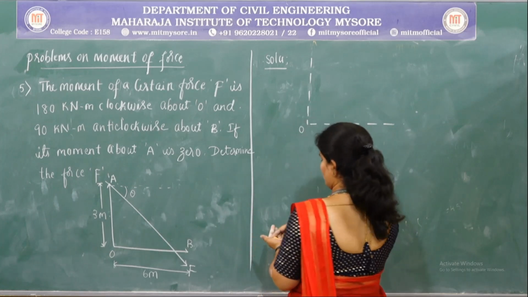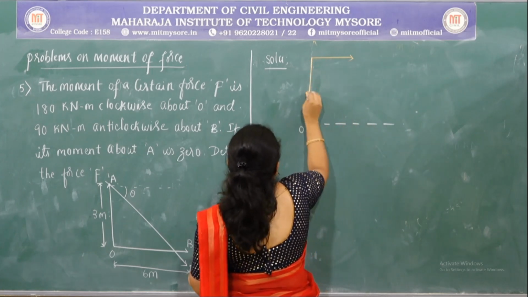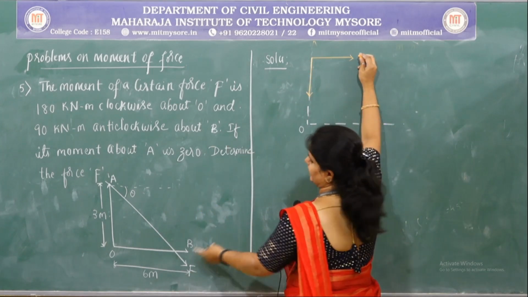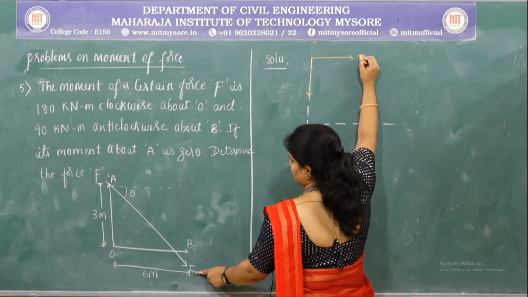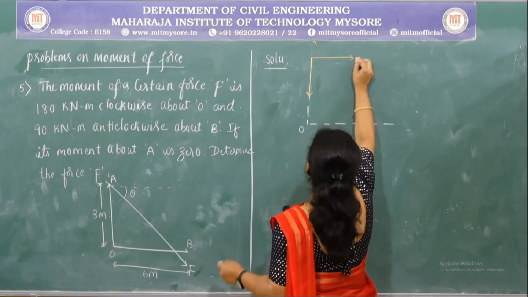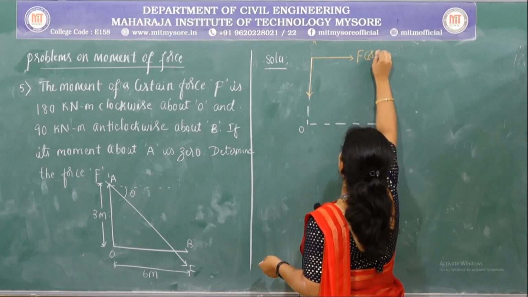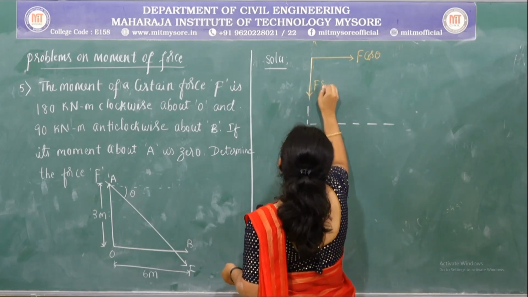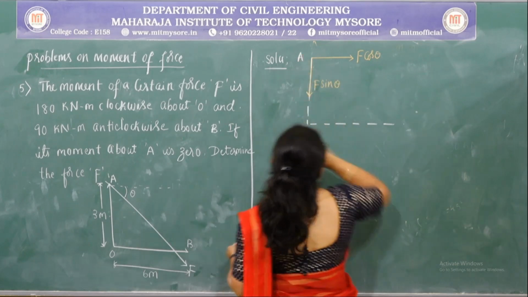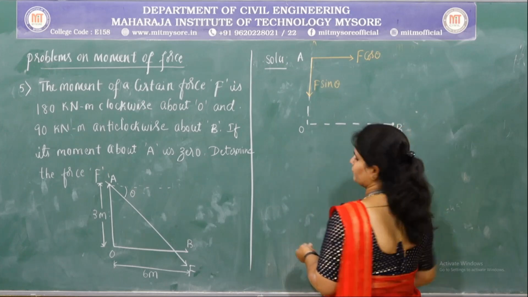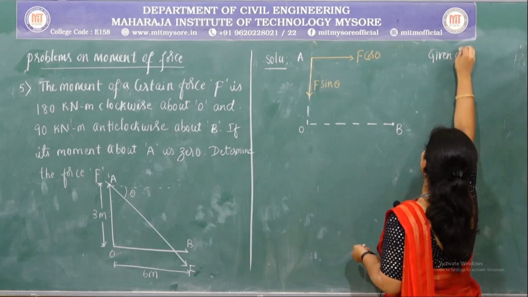This is point O. On resolving, the direction of the force is going to lie in the fourth quadrant. In the fourth quadrant, the x component is positive and y component is negative. The x component is F cos theta and y component will become F sin theta. This is point A and this is point B. First we shall consider the given data.